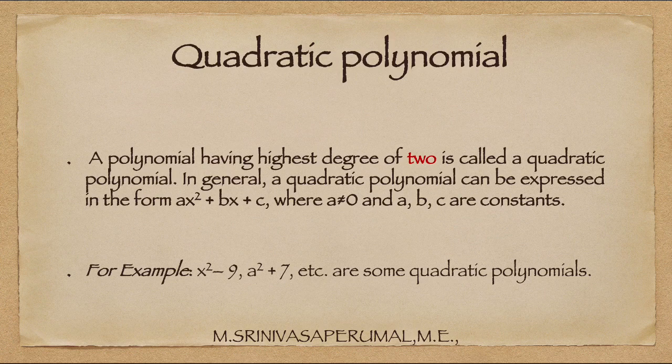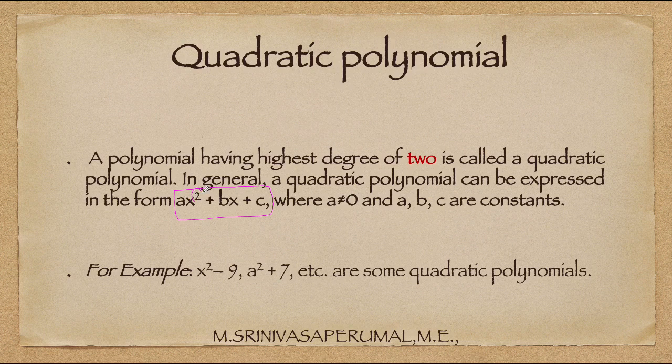Next one, quadratic polynomial. A polynomial having a highest degree of 2 is called a quadratic polynomial. In general, the quadratic polynomial can be expressed in the form ax square plus bx plus c. So it is the general form of a quadratic polynomial.